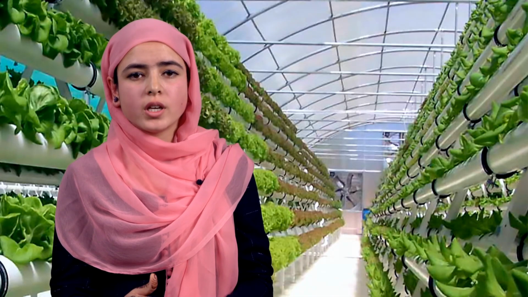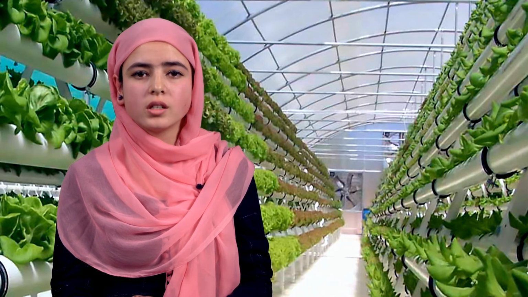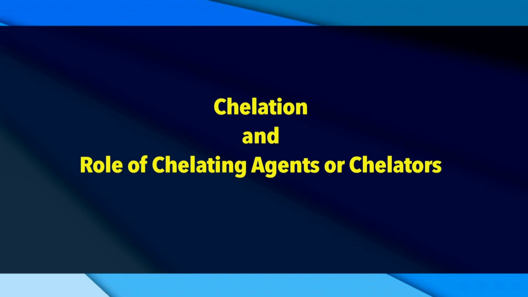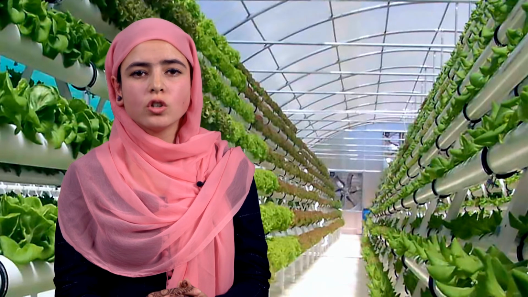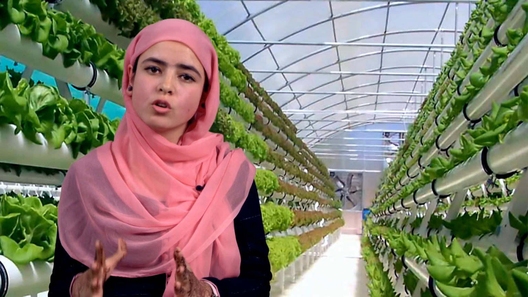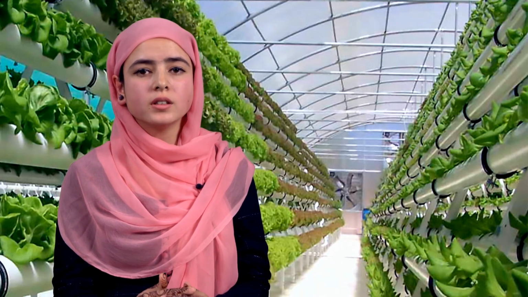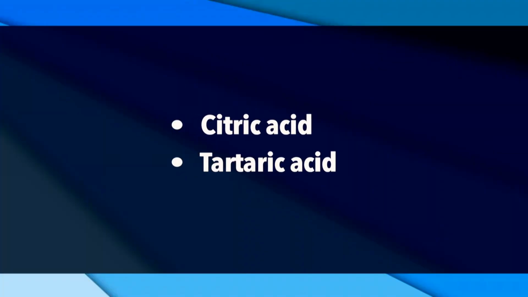This problem was addressed by adding iron together with compounds called chelators. Finally, let's discuss chelation and the role of chelating agents or chelators. The problem of precipitation of iron and other essential nutrients of the nutrient solutions can be addressed by addition of iron together with citric acid or tartaric acid.